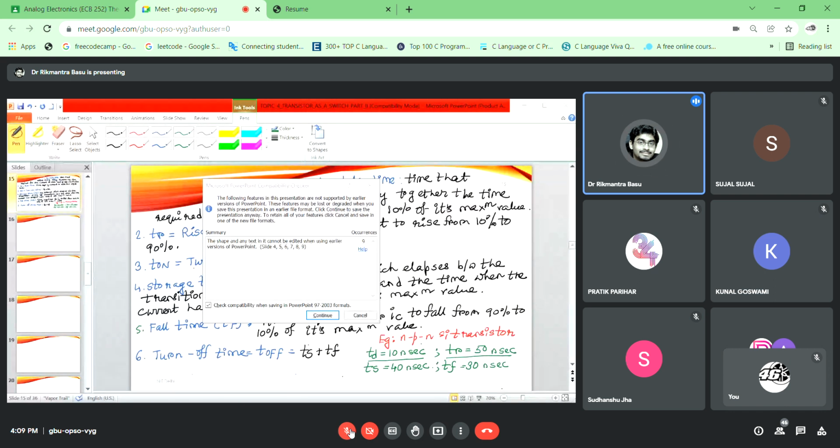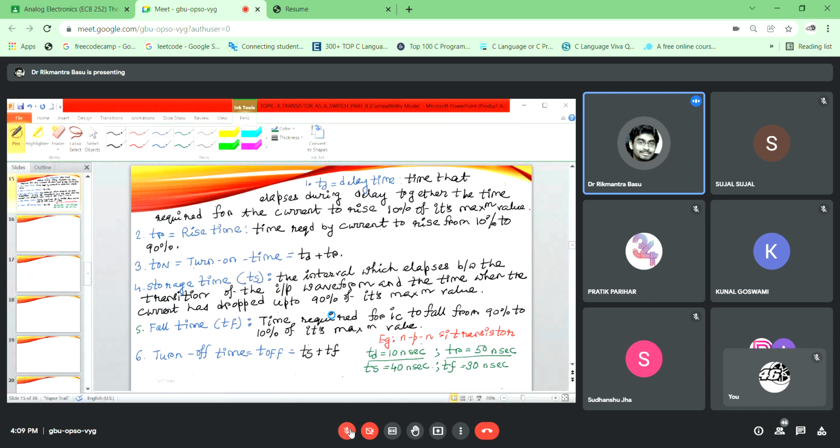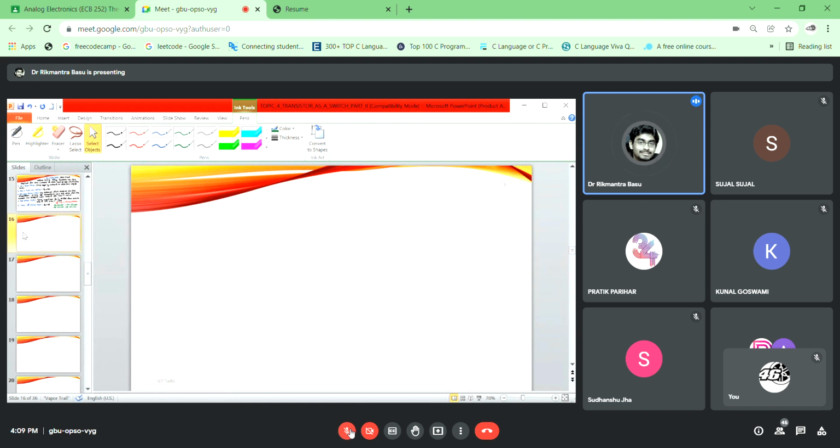Now automatically there are different reasons for this TR, T on, TF, all of which we will try to discuss, because once we get to know the reasons, then we can choose our design, because definitely our aim should be to design a switch as fast as possible.